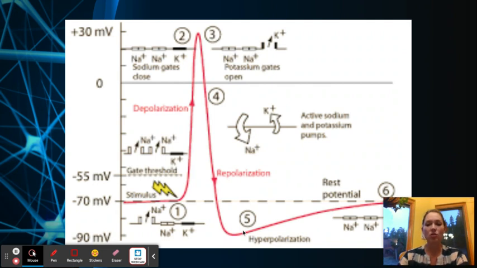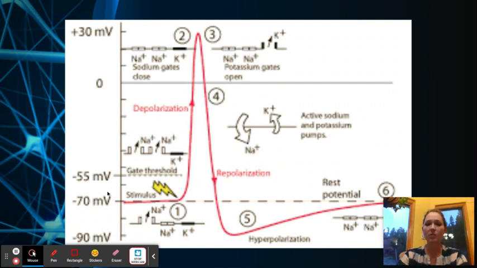That's just to ensure that no other action potentials can be sent down the neuron until we reach that resting membrane potential once again. The sodium potassium pumps help to regulate the concentration of sodium and potassium during repolarization as well as during the resting membrane potential.